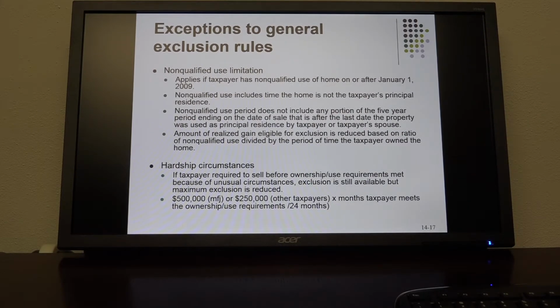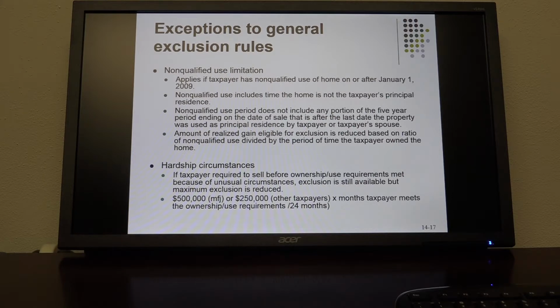And so, assuming that your circumstance is a hardship, how do you calculate the amount of exclusion? Well, you simply take the exclusion. If you're MFJ, it's $500,000. If you're not, then it's $250,000. Times the months that the taxpayer meets the ownership and use requirements, and you divide those months by 24 months, the 2-year requirement for both.